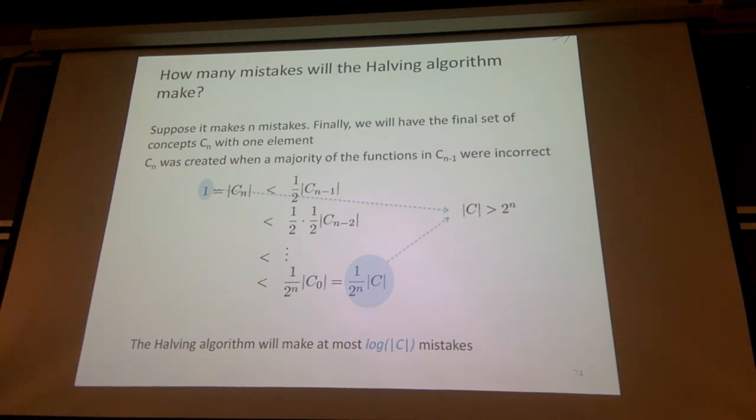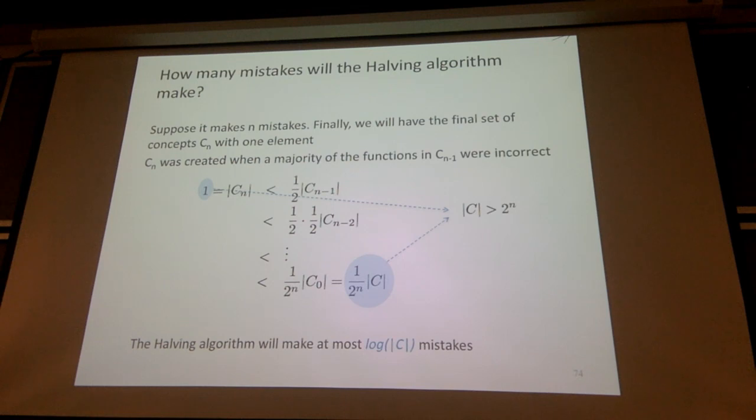So the only difference is whether the set of the functions that caused the mistake to happen was the majority class or not. That's the difference between Kahn and halving. And those of you who've seen binary search, I hope all of you have seen binary search, this is essentially binary search over the set of functions.